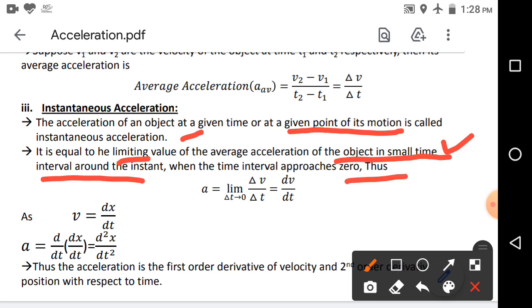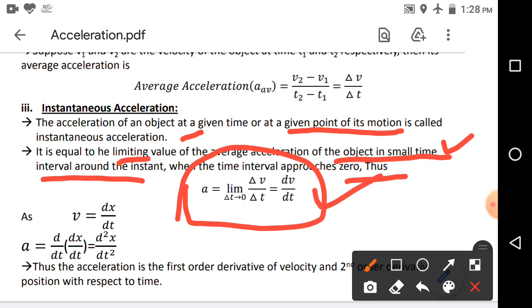Thus instantaneous acceleration a equals limit delta t approaches 0 of delta v by delta t, which gives dv by dt. That is, the instantaneous acceleration is the first order derivative of velocity.